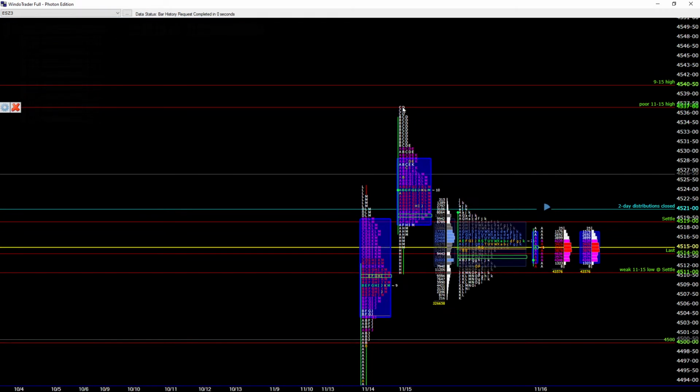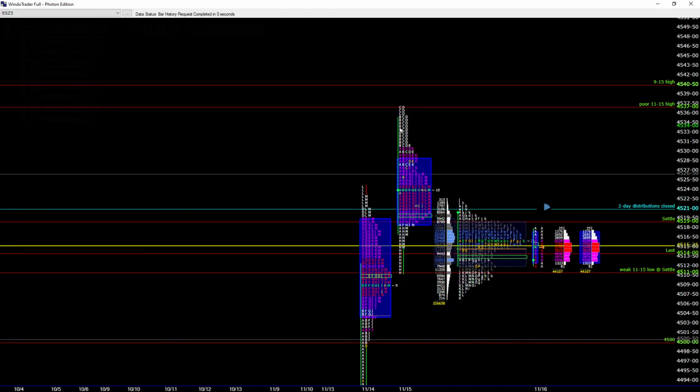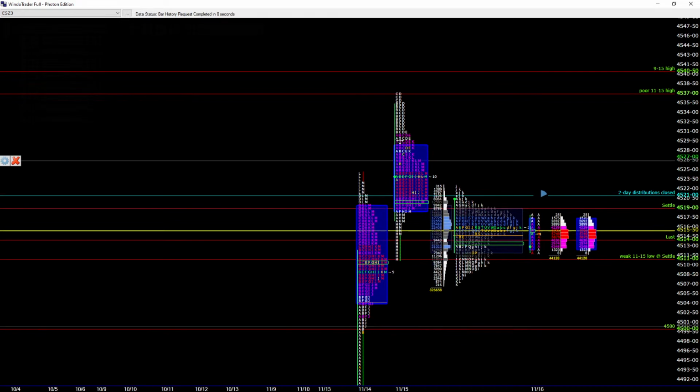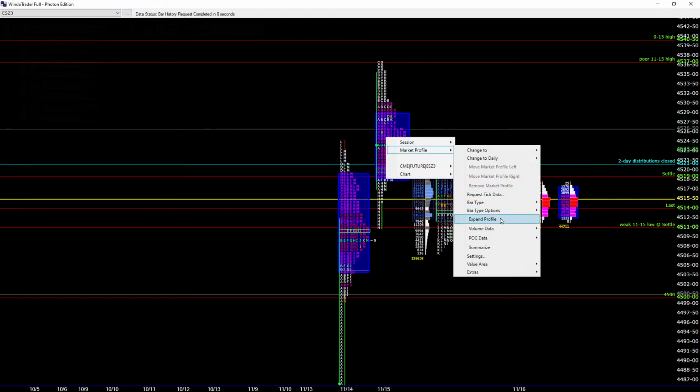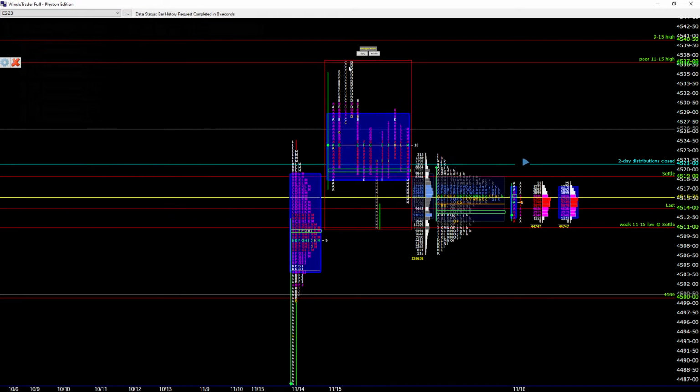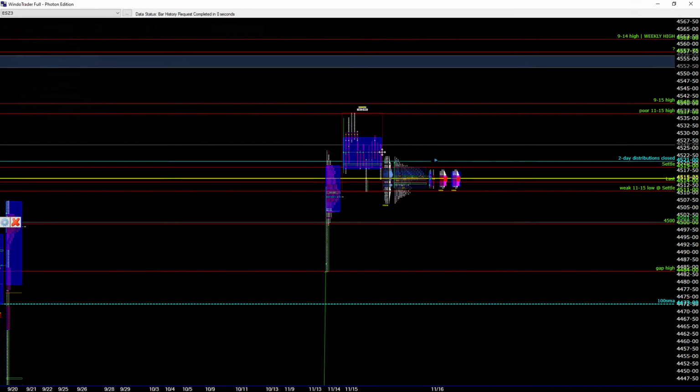When I have something like this, the lack of excess on the upper side, sometimes the market just got too long. It just gets too long that it needs to break to rally further. That could have been the case yesterday. There was a trade opportunity yesterday when I see something like this. Remember, context is everything, right?